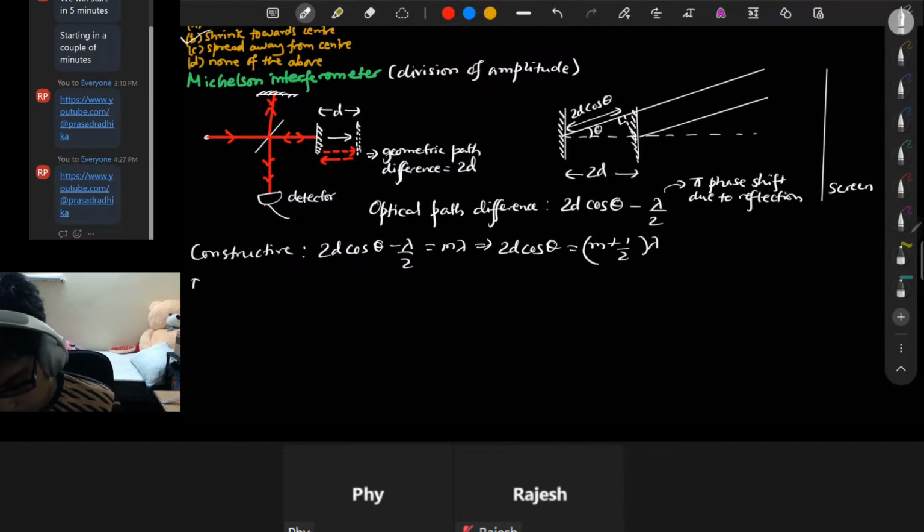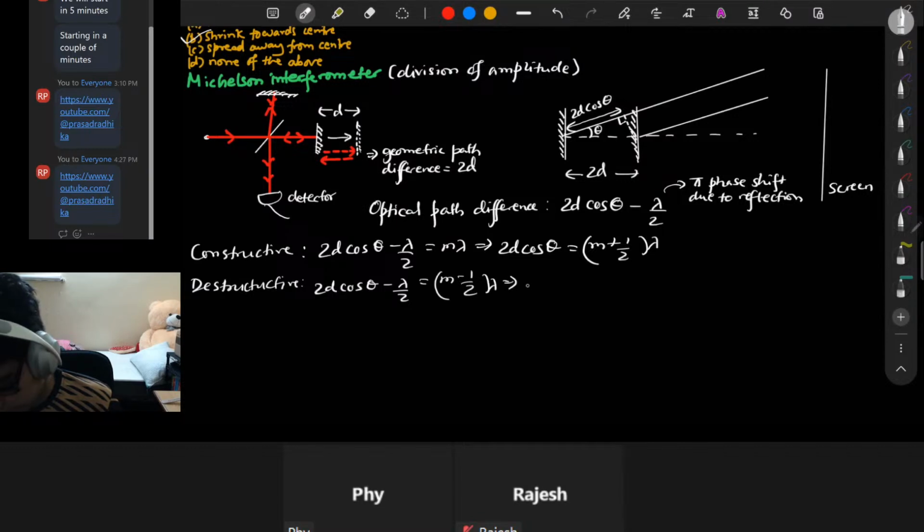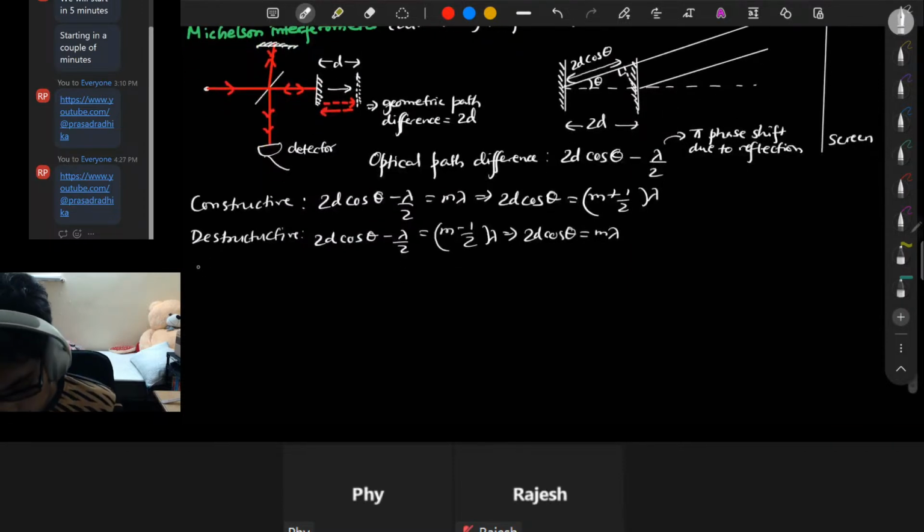And for destructive, we have 2d cos theta minus lambda by 2 equals (m minus 1/2) lambda, which implies 2d cos theta equals m lambda. Now, if d decreases, then what will happen?